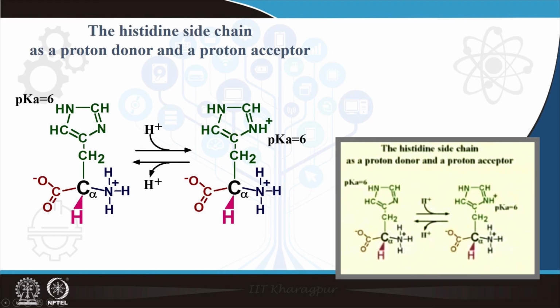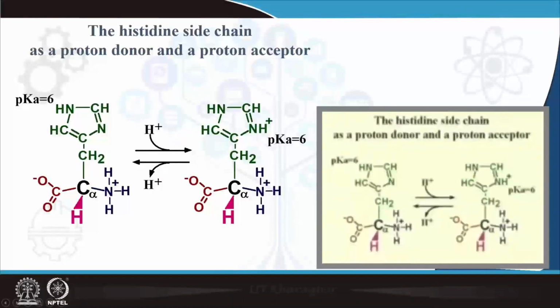Okay. Now, if you look at what the physiological pH is, that is the pH of blood, the pH at which all the enzymatic reactions in our body are taking place, that is at a pH of 7.4. Okay, the physiological pH is 7.4.